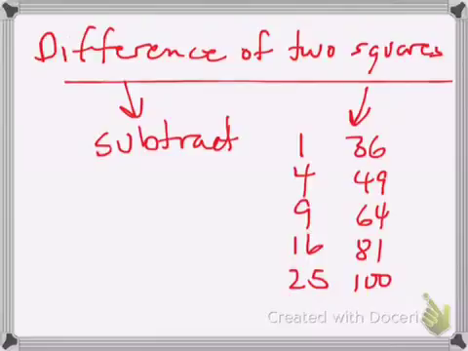It has to have what kind of exponent? Even exponents. X to the 4th, x to the 6th, x to the 8th, x to the 20th, x squared. If the exponent is even, then it's a square.